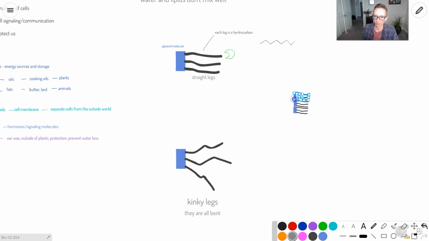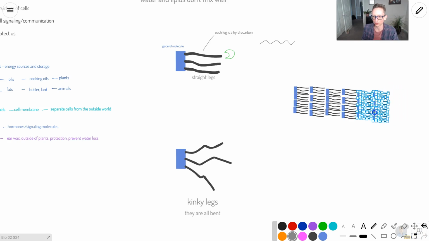Boom. Boom. Oh, yeah, they love this. They're just all cuddly, all jammed together. They're jamming out. They're vibing. Woo! They are very cool hanging out with each other.